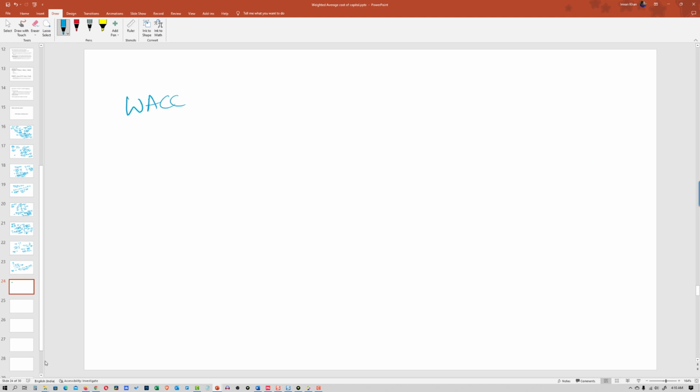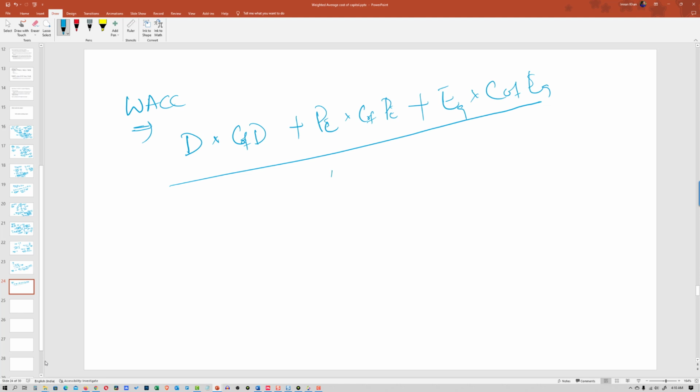So WACC for me now, I'll start with debt into cost of debt plus preferred equity into cost of preferred equity plus equity into cost of equity, divided by total capital. In a way, this is our formula.